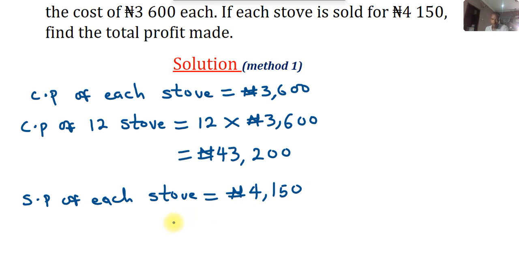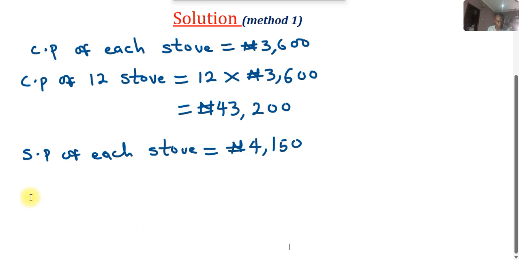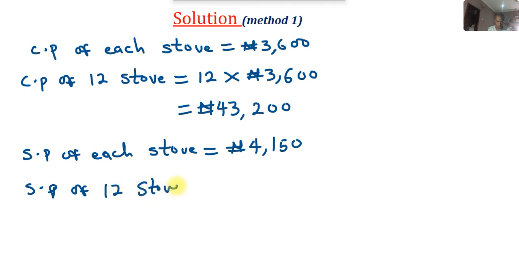Therefore, the selling price of 12 stoves will be given as 12 multiplied by 4,150 naira.